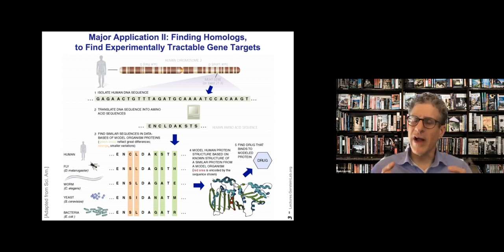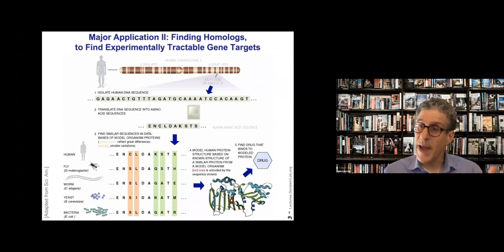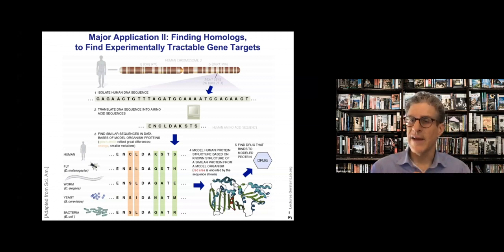And so finding the homologs, particularly distant homologs sometimes, for all the genes in the human genome in organisms that are much more experimentally tractable, whether they're a mouse or even a worm or a yeast, is really, really useful for biology. And so there's a lot of interest in bioinformatics in trying to do these sequence comparisons very fast and very sensitively.